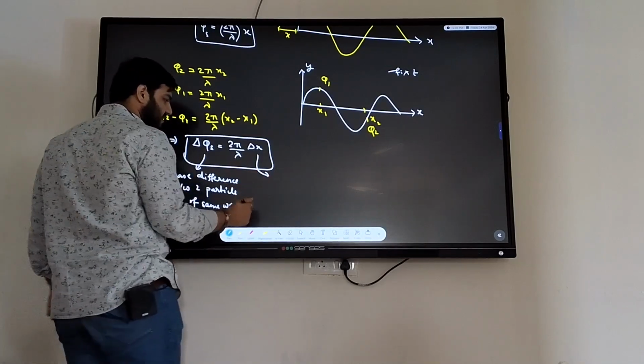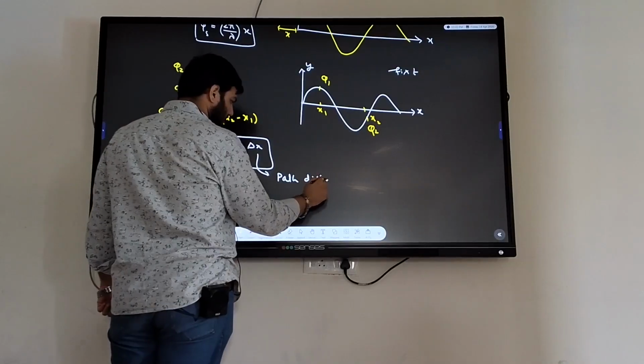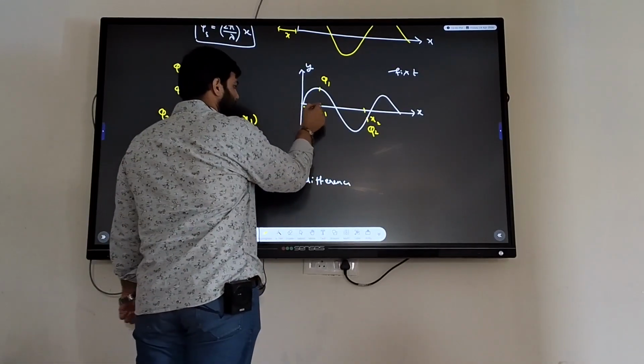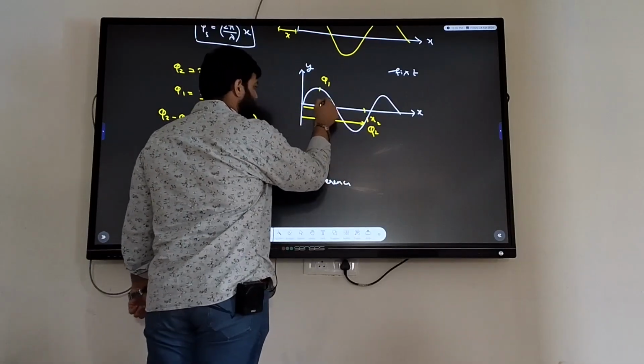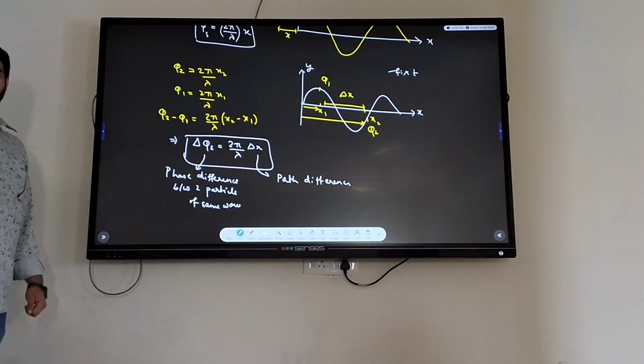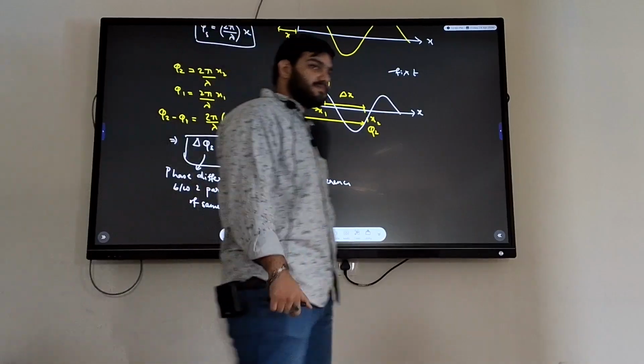What is this delta x called? That's called the path difference. How far away is one particle compared to the other? So if this is x1, this is x2, then this is delta x. Does it make sense? This is with respect to spatial.